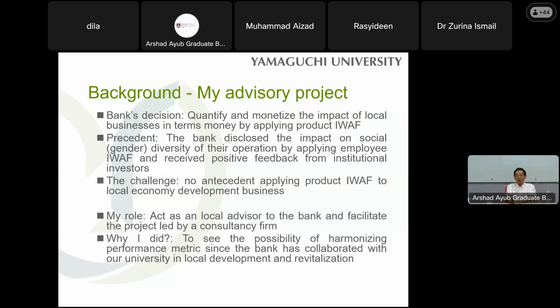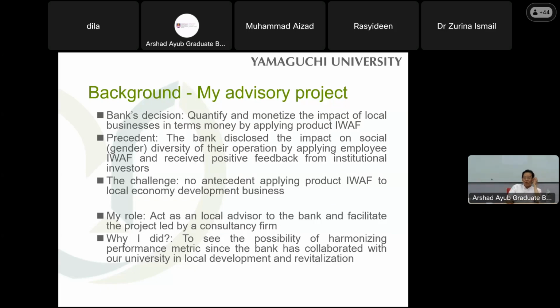So the bank, or my counterpart, decided to quantify and monetize the impact of the local business by applying product IWA. Reaching consensus among executives was not so difficult.